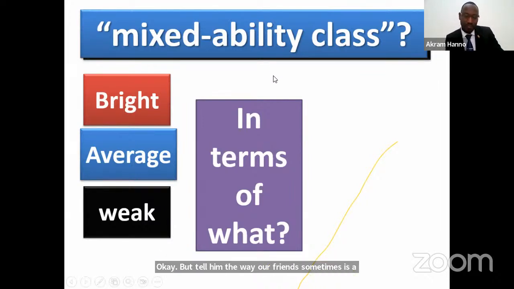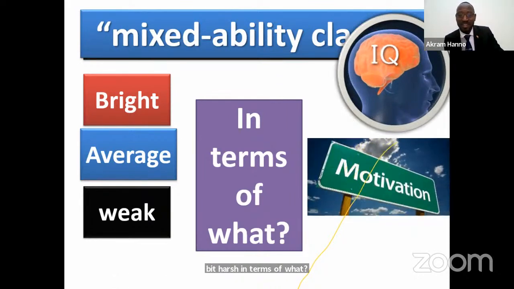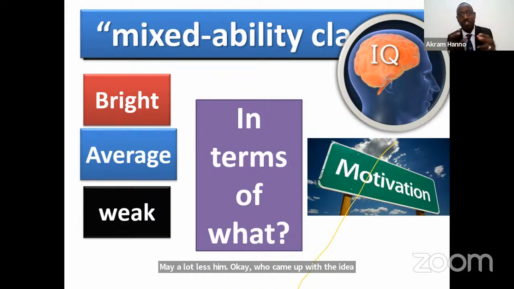In terms of what? The IQ, or in terms of motivation. And actually we talk about this, and in Sudan we recognize Professor Busairi, may Allah bless him, who came up with the idea of integral motivation, this theory.